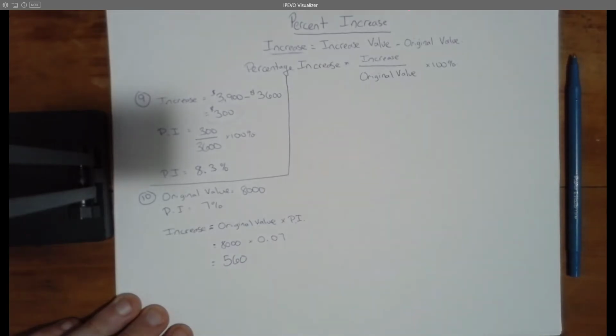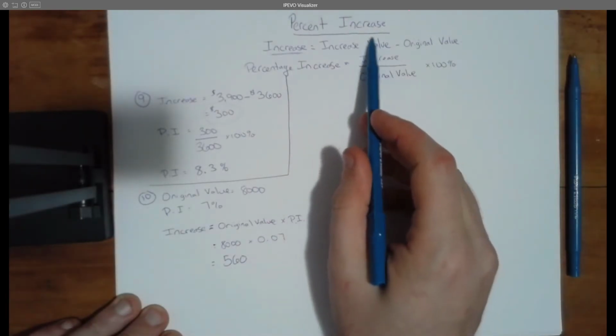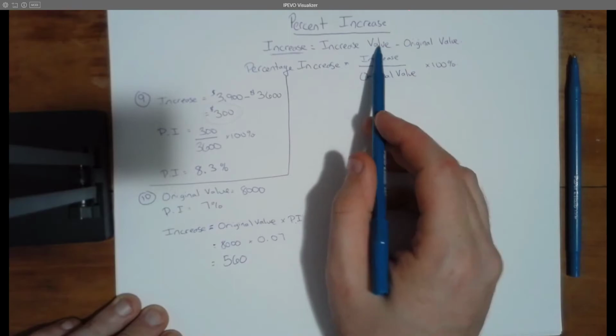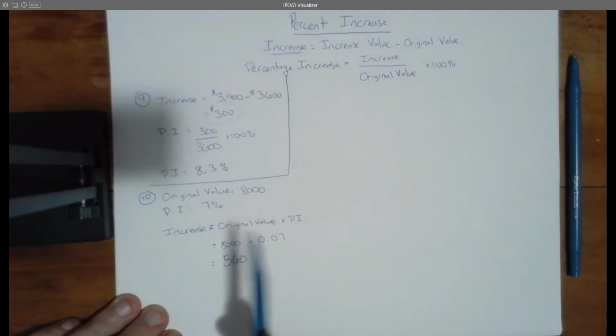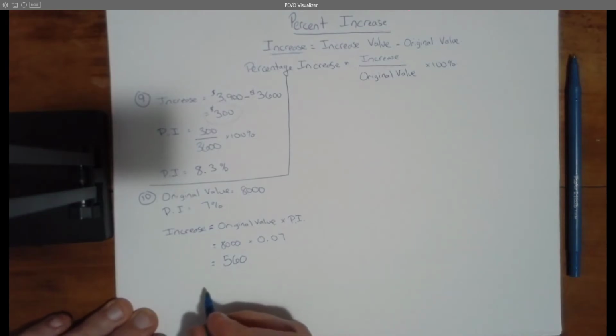Now that's great, but we are trying to figure out the increased value. So we know the original value. We know it increased by 560 magazines.